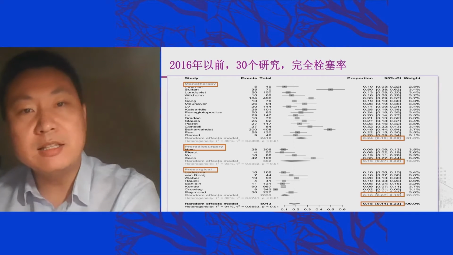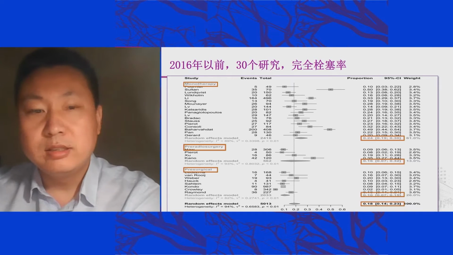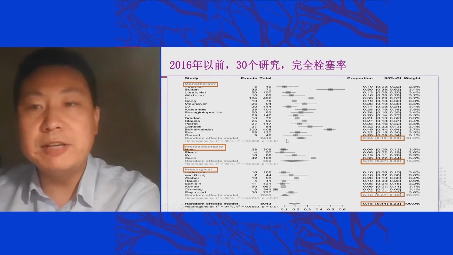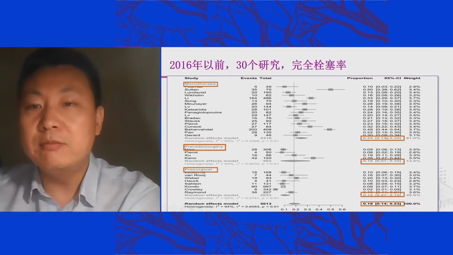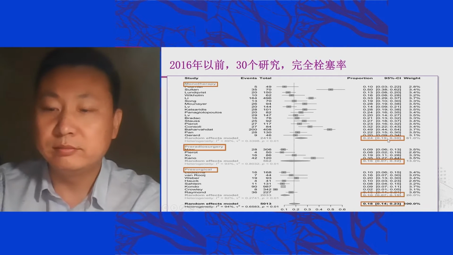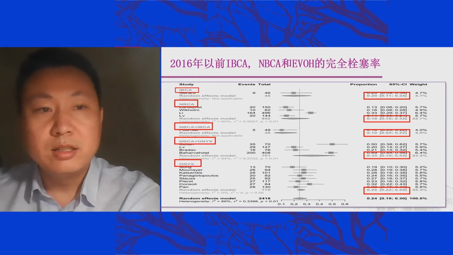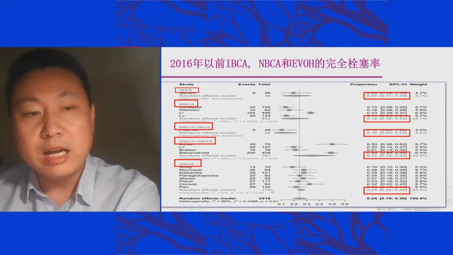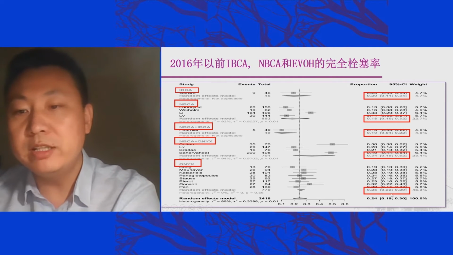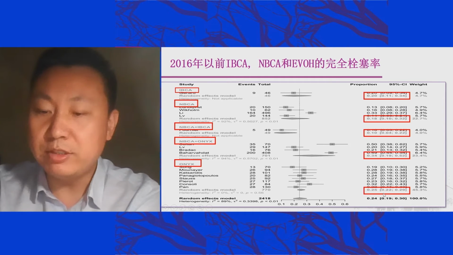In a meta-analysis, Onyx has elevated the AVM embolization rate. Onyx elevated the AVM complete embolization rate up to 25%.